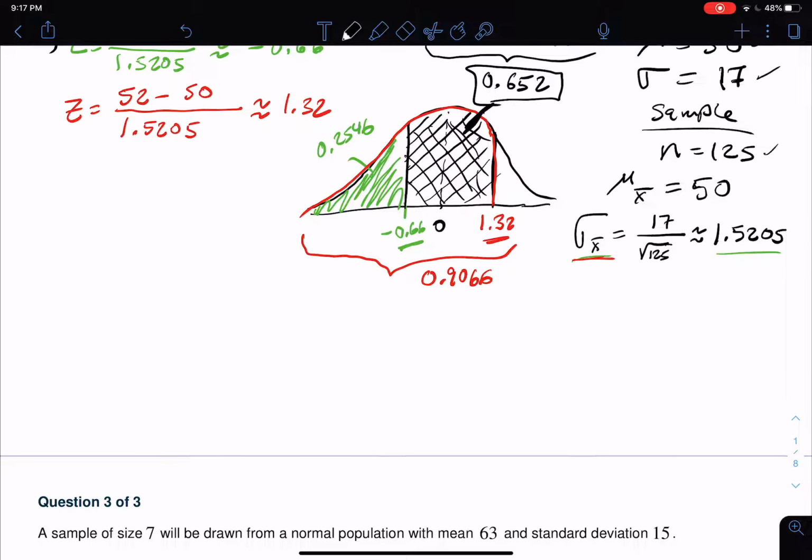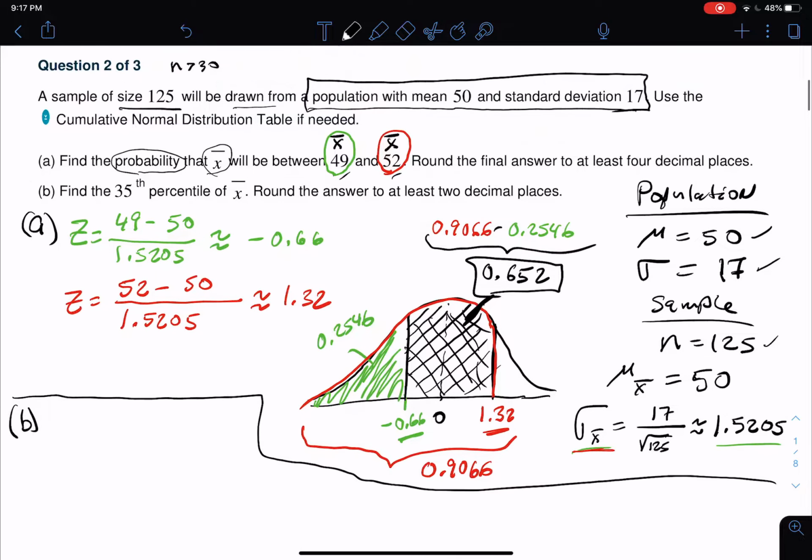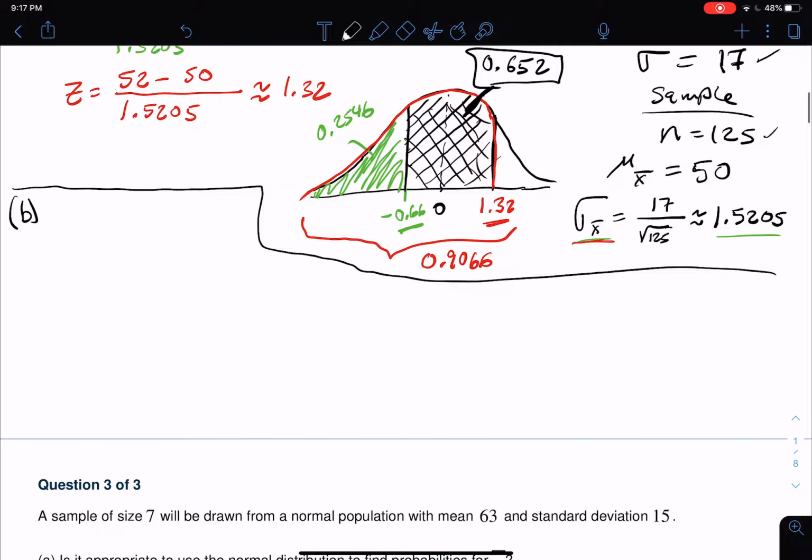Okay, that does not leave a lot of space for part B. Part B is asking, find the 35th percentile of the sample mean x bar. Okay, well, let's do it. So they're finding the 35th percentile, and remember how percentiles work.